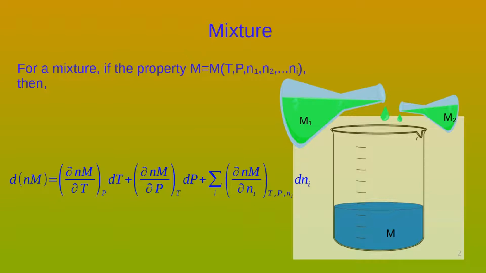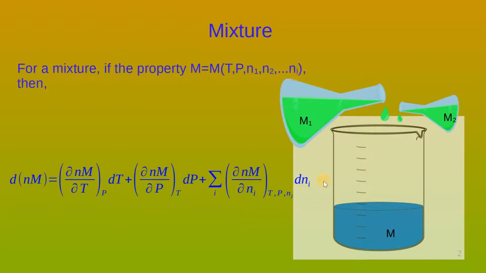Well, if I take any property, the property in this case I'm referring to will mean either internal energy, enthalpy, entropy, Gibbs free energy, or Helmholtz free energy. It would mean any of these. Suppose the property of this mixture M depends on temperature, pressure, N1, N2, and so forth till Ni.